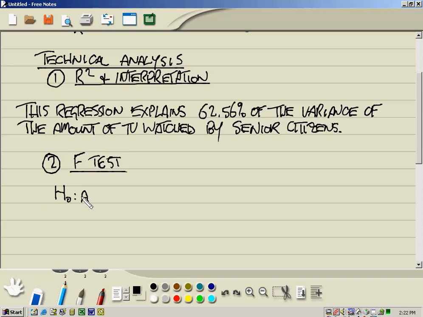Null hypothesis: all the beta sub i's are equal to 0. And to be perfectly plain, with i being 1, 2, or 3, that means that no x in the regression explains y.